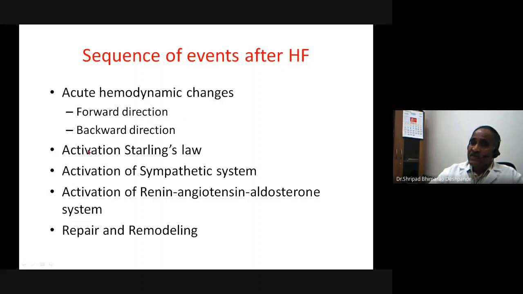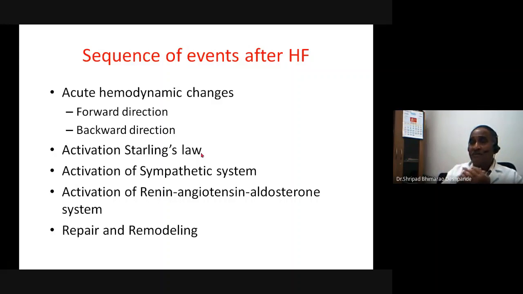Then there would be activation of the Starling's law because of the stretch, because of the increased right atrial pressure or increased filling. The Starling's law states that within the physiological limits, the force of contraction is a function of the length of the cardiac muscle. So within the limit, during this period there will be an increase in the force of contraction or the inotropism which the cardiac muscle manifests.